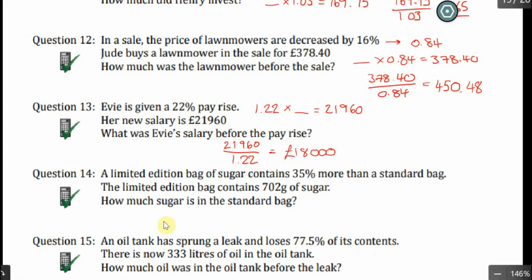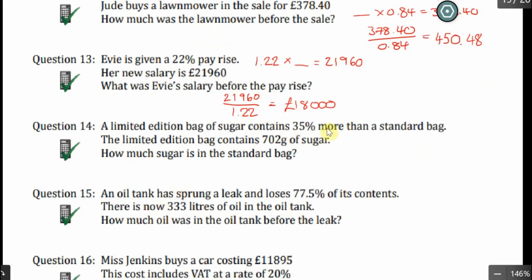Okay, number 14. A limited edition bag of sugar contains 35% more than a standard bag. The limited edition bag contains this much. How much is in the standard bag? So again, if you want to increase something by 35%, you would times by 1.35. I'm going to actually use the other method for this question though. So if I've got 35% more than normal, then I've got 135%. And that is equal to 702 grams.